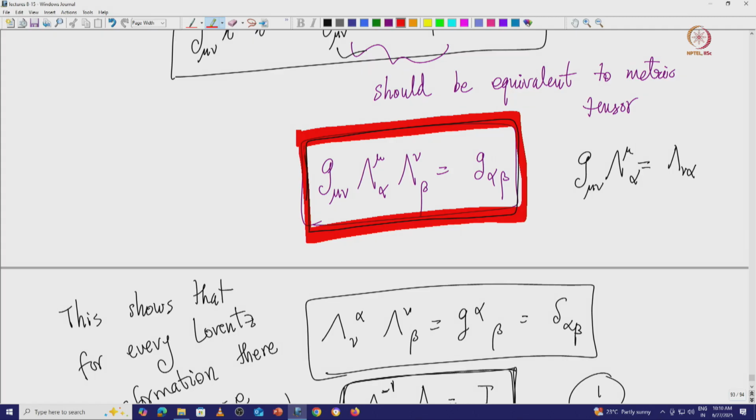A 4 vector with one index transforms with one Lorentz transformation, and because the metric tensor has two indices, it should transform with two. Under these, the metric tensor should be invariant because it doesn't change under Lorentz transformations.